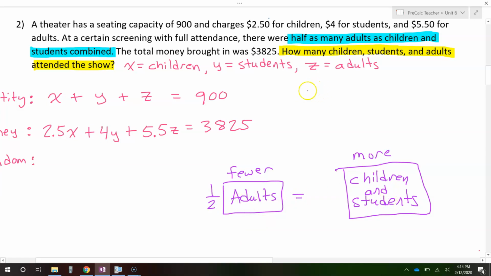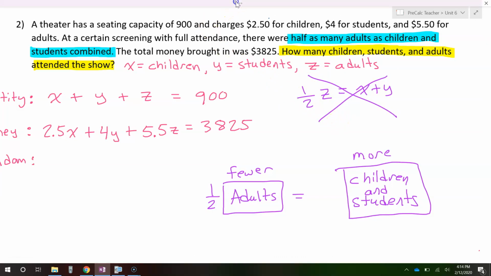So I will see this equation very often. Let's see, adults are z. So I will see the equation 1/2 z is equal to children and students. That's x and y. So 1/2 z is equal to x plus y. This is wrong. Totally wrong.